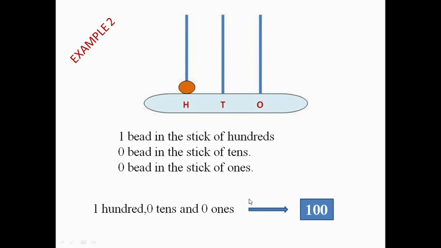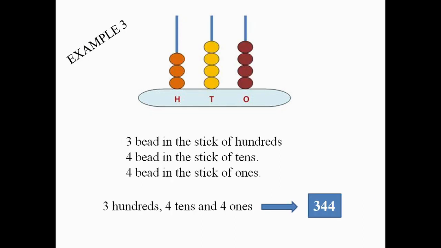Now moving on to the next example. Here we can see 1 bead in the stick of hundreds, 0 bead in the stick of tens, and 0 bead in the stick of ones. So the number is 1 hundred, 0 tens and 0 ones, which is equal to 100. Now moving on to the last example.